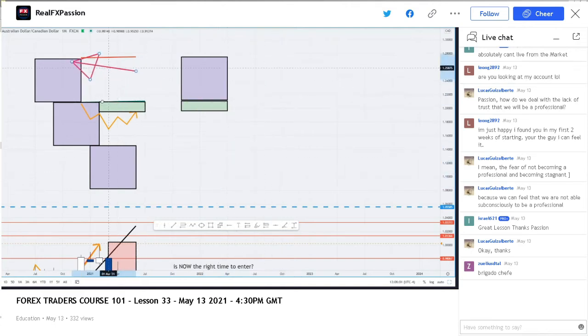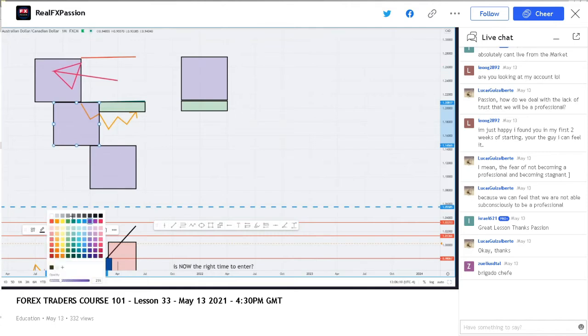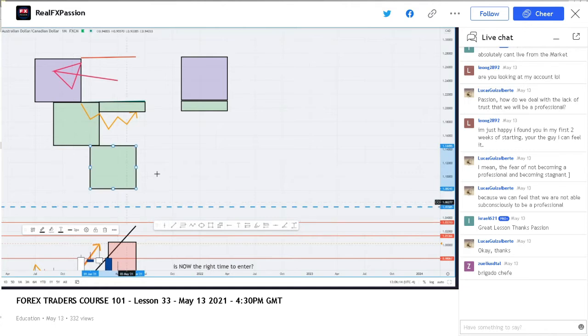This is the stop loss, up in here. This is the risk. This is the profit. Let's change colors, right? The green is the profit, and let's make the risk red too. So this is the risk, this is the profit.